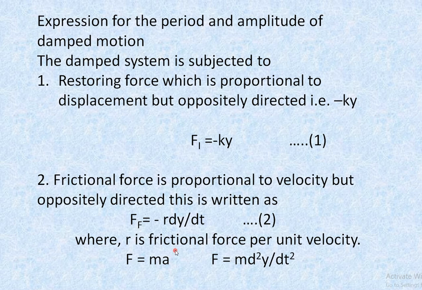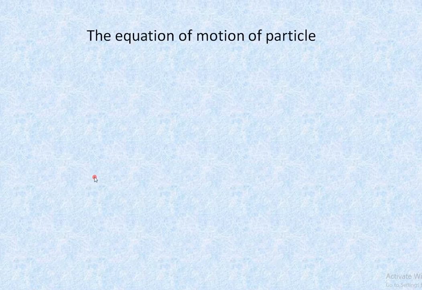According to Newton's second law, force is equal to mass into acceleration, and this acceleration can be written as d2y by dt square. So the total force acting on the body is F is equal to minus ky minus R dy by dt.